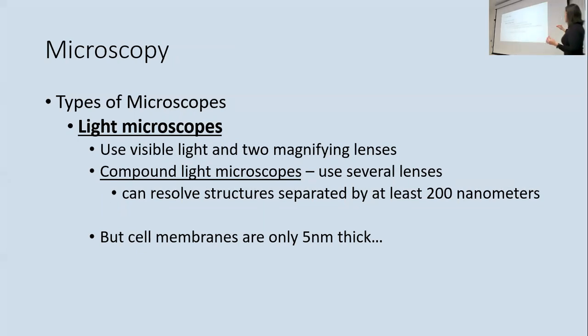And so you can see things that are separated by at least 200 nanometers. So orders of magnitude even smaller than what we were just talking about. But cell membranes are only 5 nanometers thick, which means that even with a compound microscope, we can't really see the parts of a cell membrane. So we've got other kinds of microscopes. We'll talk about just a couple of them.